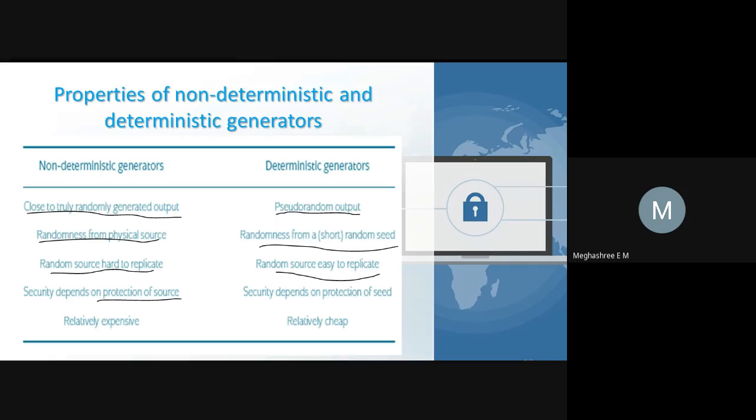Whereas with a deterministic generator, it completely depends on seed protection. If you keep the seed value secret, then your system will remain safe. And since hardware is involved in a hardware-based non-deterministic generator, it is quite expensive compared to a deterministic generator.